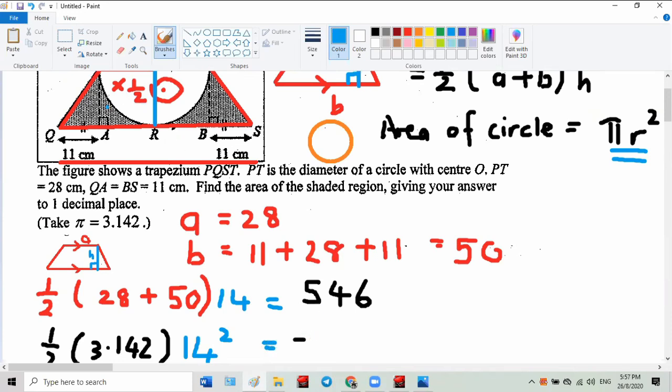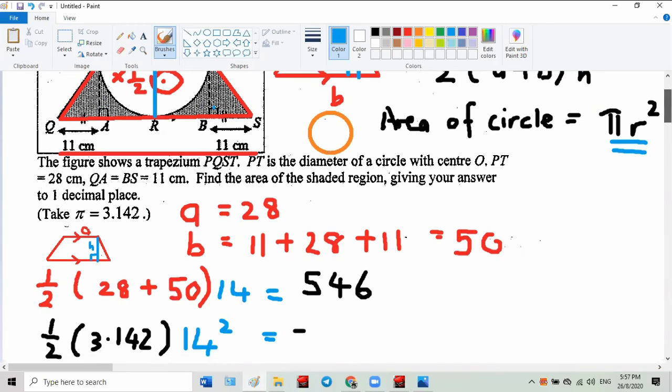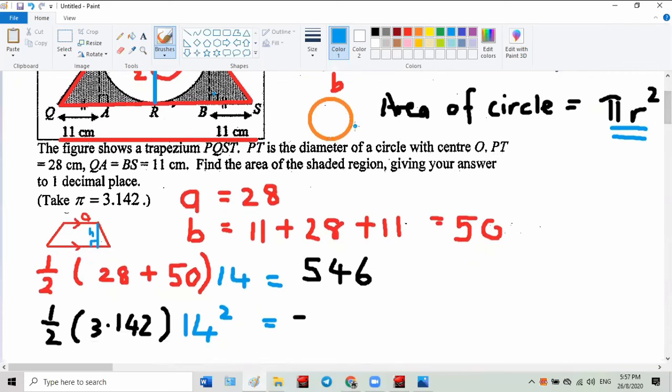You minus will be the area of the shaded area. Understand or not, people? Okay, give me the value of this. Half of 3.142 times 14 squared. 307.916. So now you just do a minus and that should be your answer.